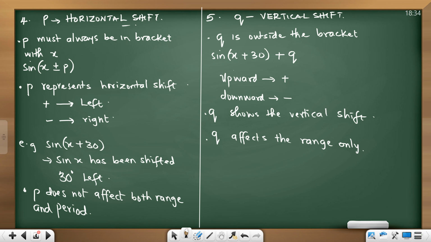We spoke about P. We spoke about Q. And we know which one affects what now. A will affect the range as well. X is the domain. And in most cases, they'll give you X is an element of.